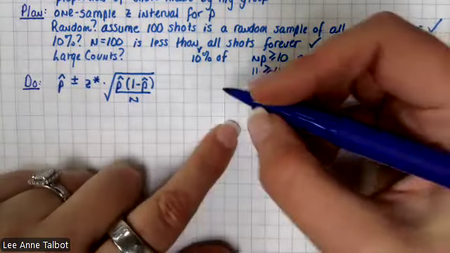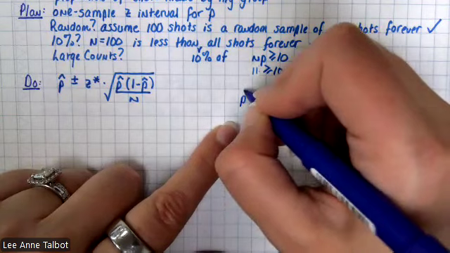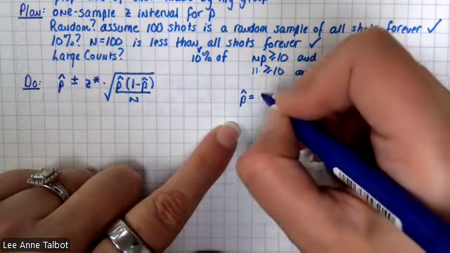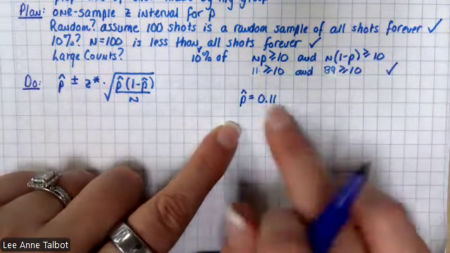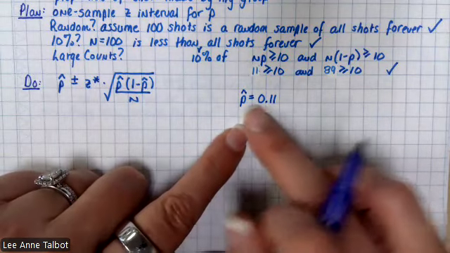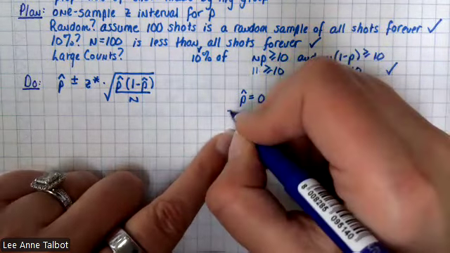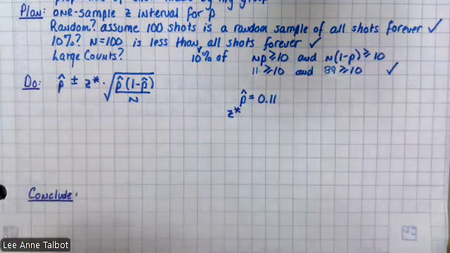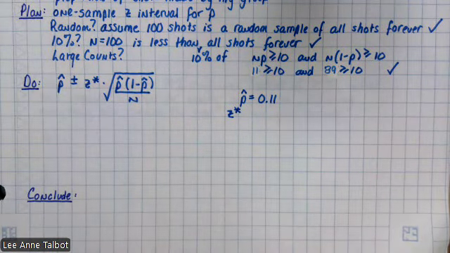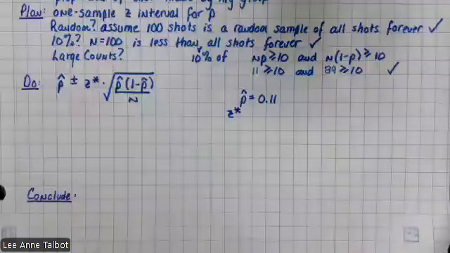Okay, so over here, I'm going to say, okay, P hat is 0.11. You guys write yours. Don't write mine. Write yours, please. Okay, and then Z star. I want you guys to go on your calculator, see if you can remember how to find Z star.